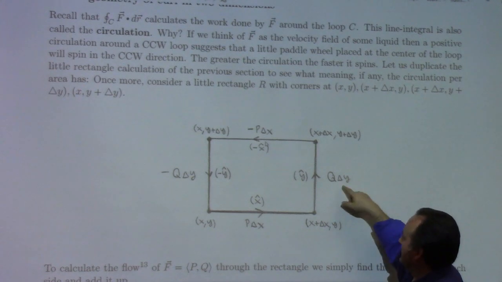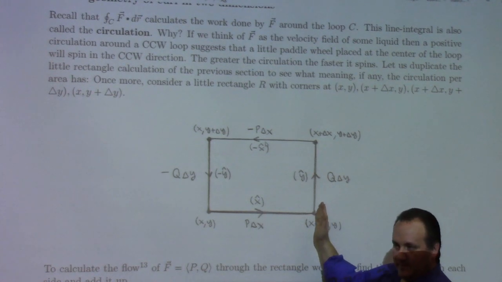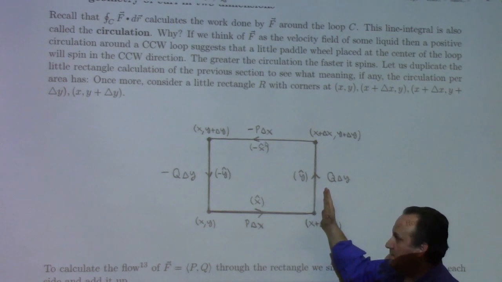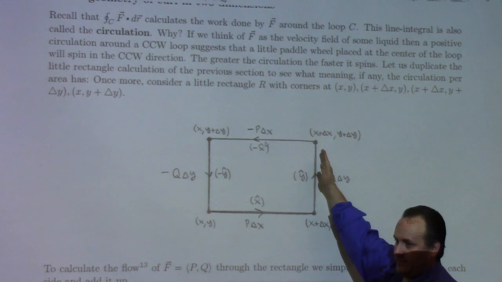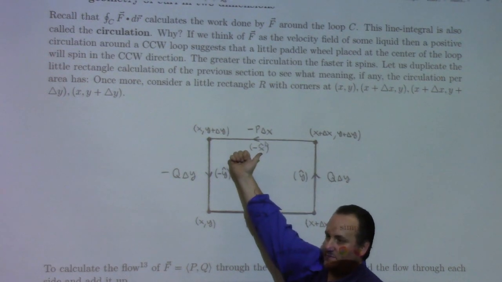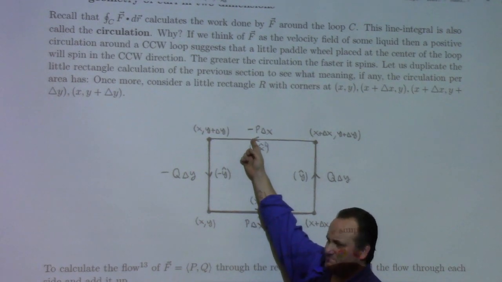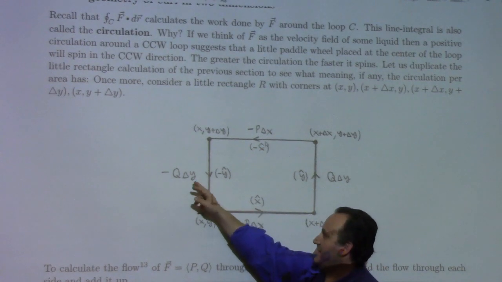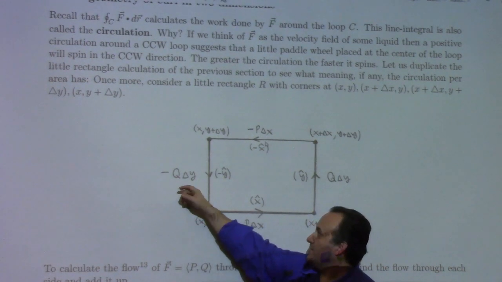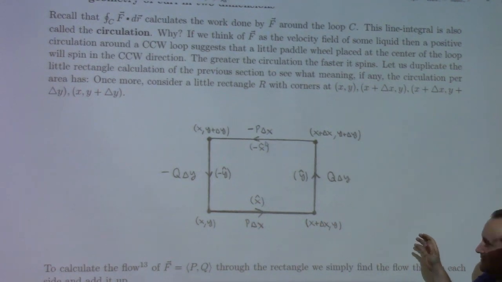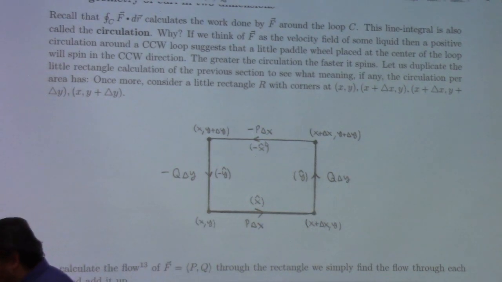This one would give me Q delta Y, because the tangent vector to the curve is upwards, so that picks up the Q delta Y. The distance is delta Y. Then minus P delta X, because minus X hat dot the vector field gives you minus P, and minus Y hat dot the vector field gives you minus Q, and then delta Y is the length, and likewise down here P delta X. And so that would be the circulation over the little rectangle.